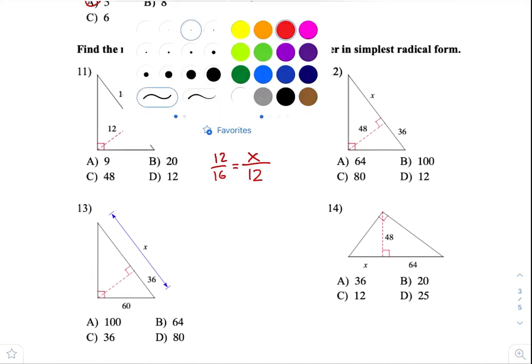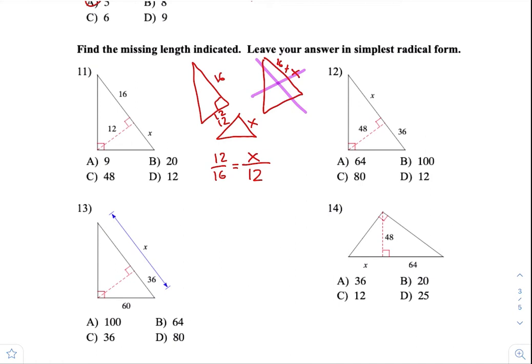If you forgot, this is the short leg, this is the short leg, this is the long leg, and that's the long leg. But with these problems, as long as these are diagonals, they should be the same.